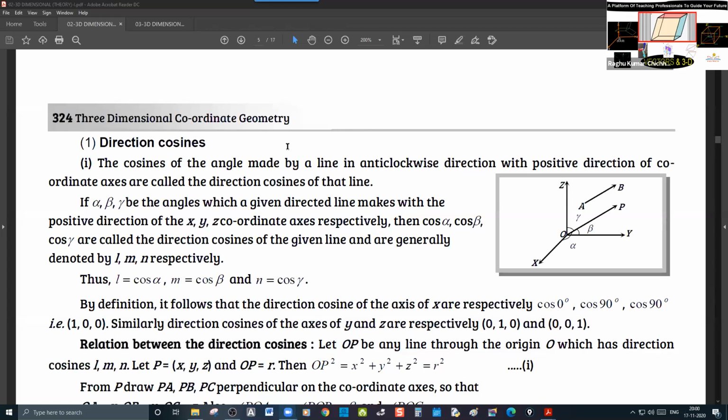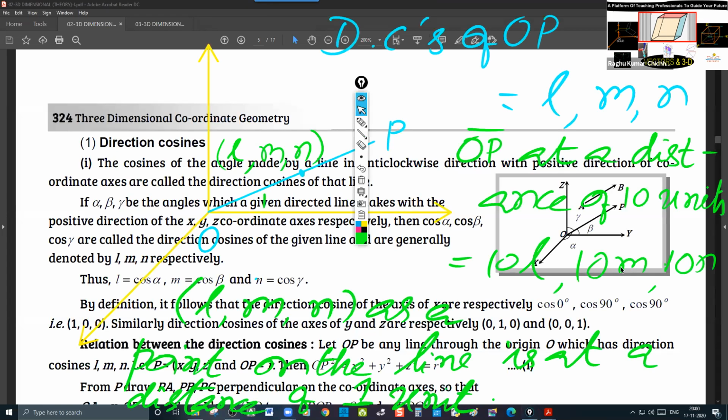Yeah, let us see this now. This is direction cosines. If you see this in the script form, then you will better remember this, what I explained you already.